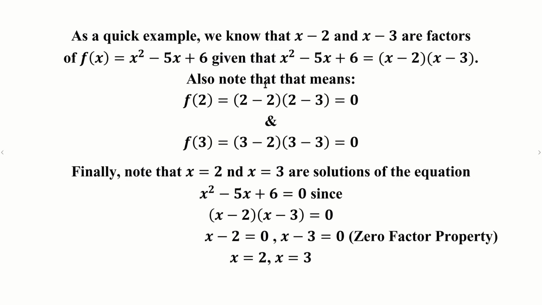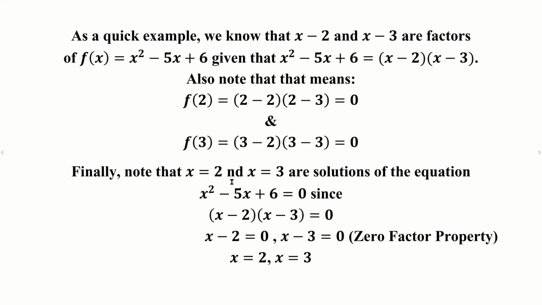Note that f of 2 is 2 minus 2 times 2 minus 3, substituting 2 for x, and that's going to be 0 because the 2 minus 2 part becomes 0. And f of 3 is 3 minus 2 times 3 minus 3, and the 3 minus 3 part is 0, so the whole thing becomes 0.